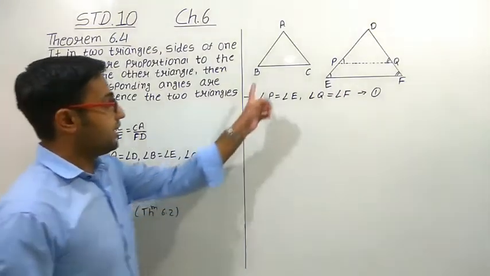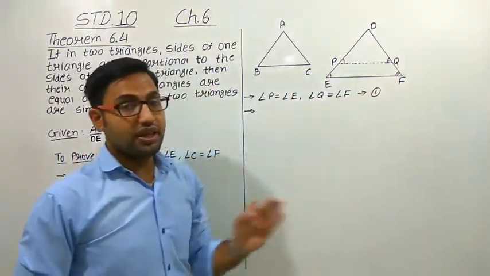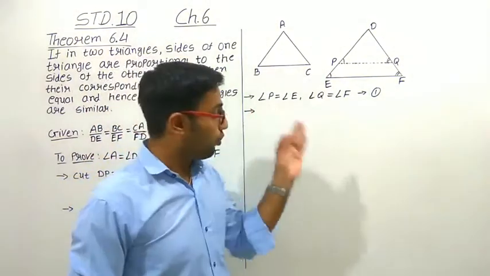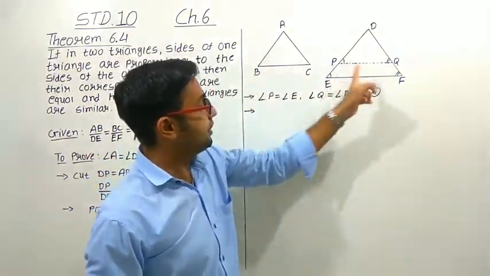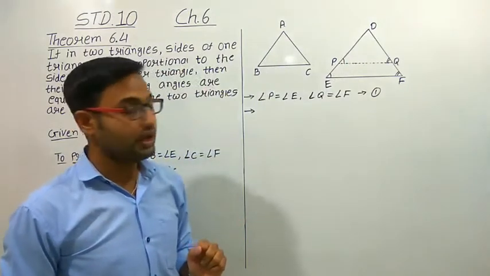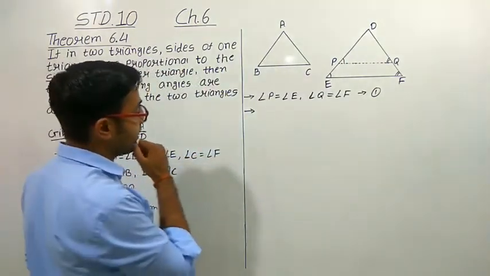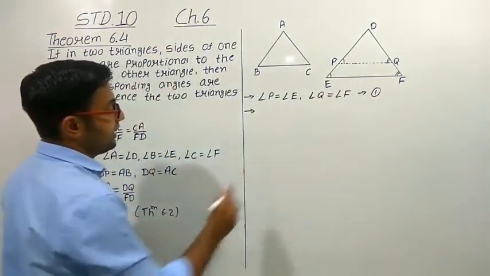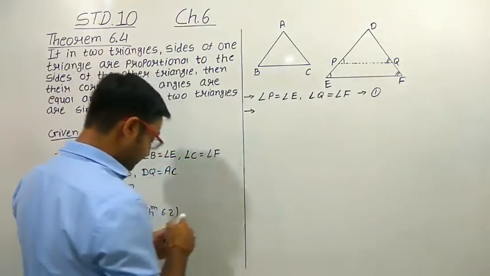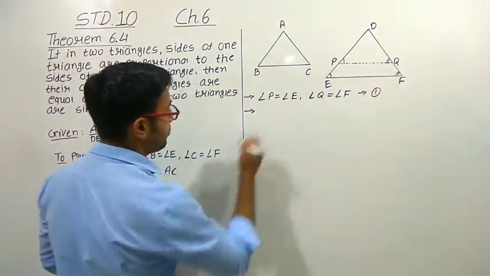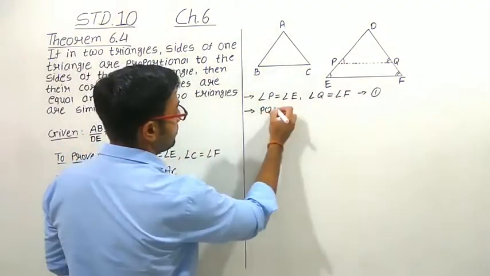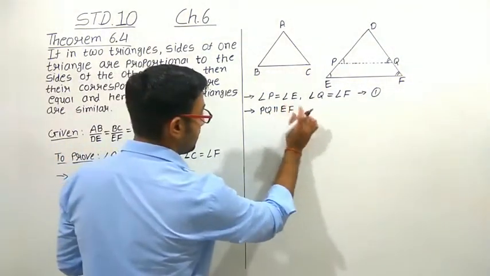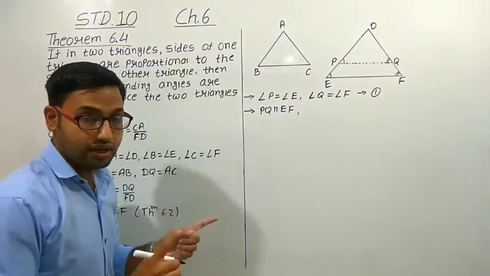So if we can prove that BC and PQ are equal, then according to the side criteria of the congruent, we can prove that ABC and DPQ will become equal. Okay, so here to process that, we have to make that BC and PQ equal. Okay, now here we can see that as PQ is parallel to EF, then according to the theorem 6.1, what we can write down?